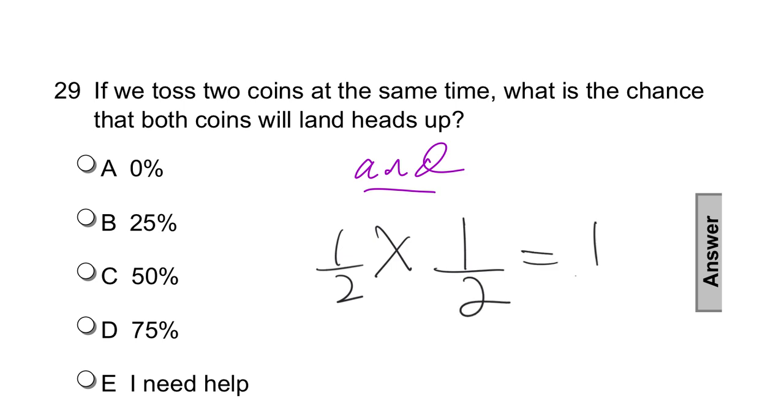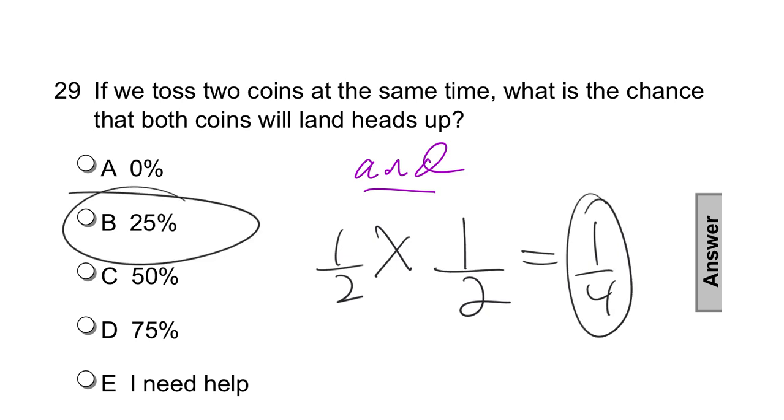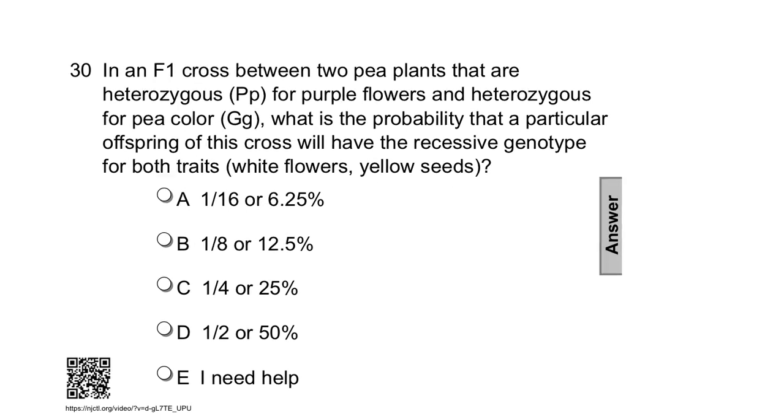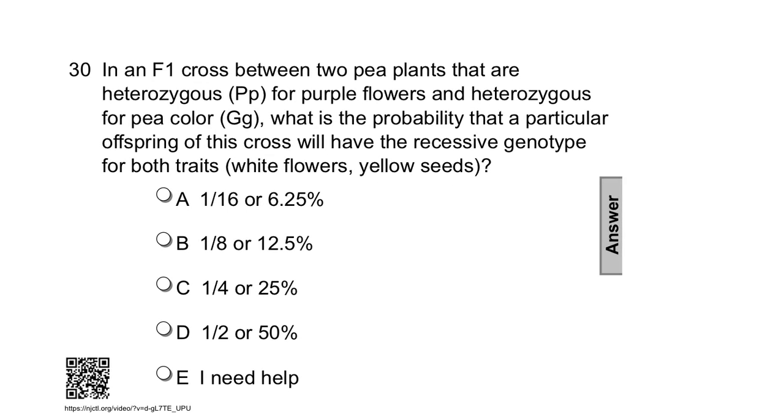So you'll get a 1/4 probability that both will land heads up. Okay, so you could have memorized this. So 1 out of 16 will be little g, little g, little p, little p.